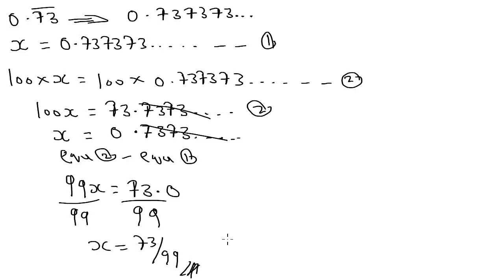However, before you conclude, you can investigate whether you can reduce your fraction. But clearly, since 73 is a prime number, nothing can reduce it and 99 at the same time. So that's our final answer. On to example number 2.